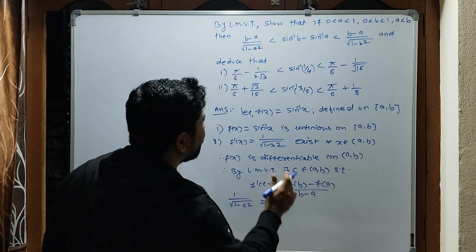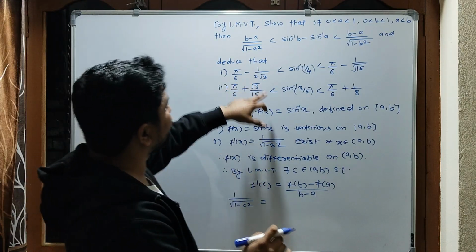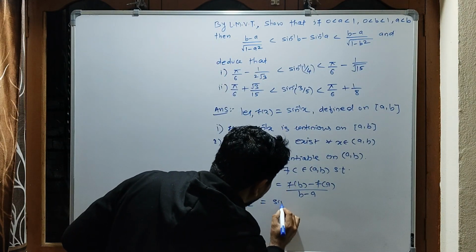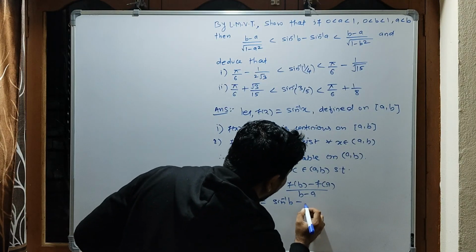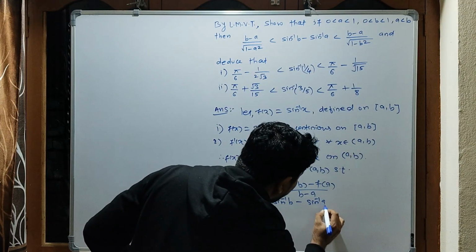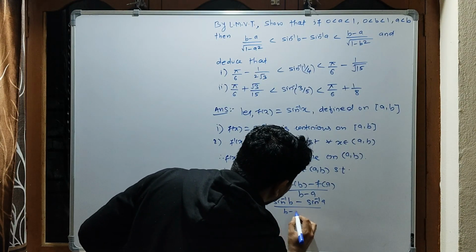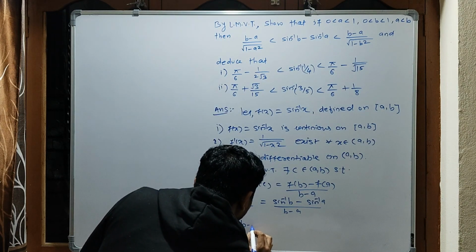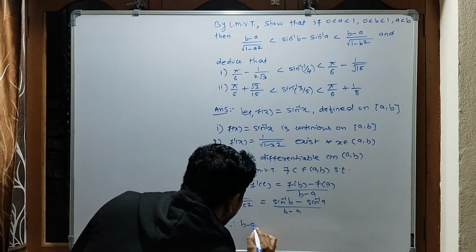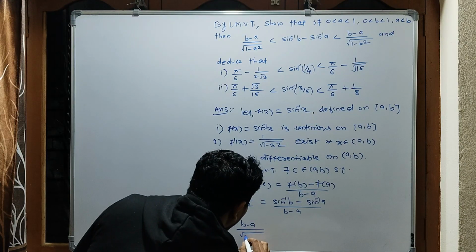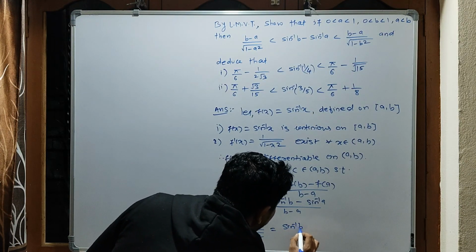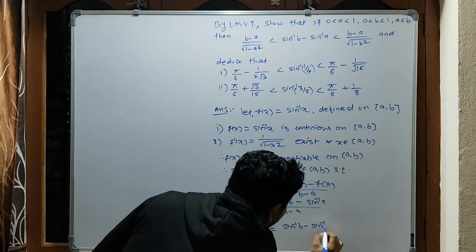Since f of x equal to sin inverse x, f of b equal to sin inverse b and f of a equal to sin inverse a, divided by b minus a. Therefore b minus a by under root 1 minus c square is equal to sin inverse b minus sin inverse a.